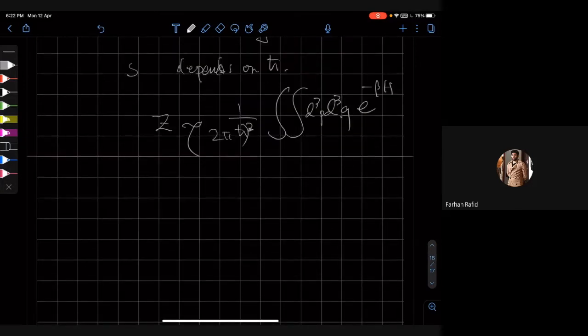Now here, let's define a different version of the partition function. Let's call it Z bar of N, which is V to the power N over lambda to the 3N, and use the fact that all our particles are indistinguishable.